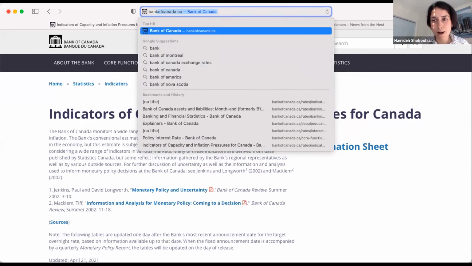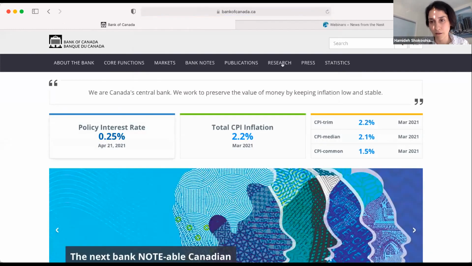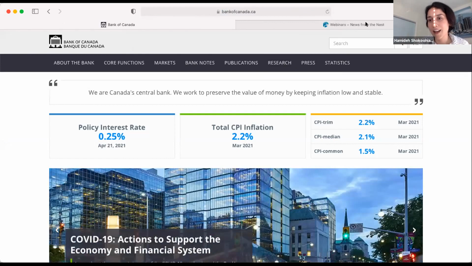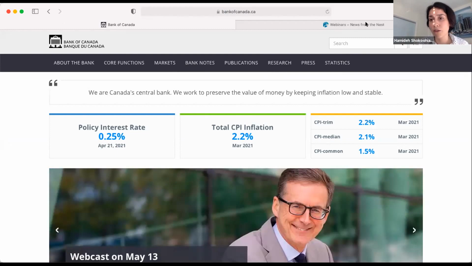Just for the sake of this presentation, I'm going to show what the students see and what they are supposed to do. They open the website of the Bank of Canada. It could be the Fed's website, or any other website that fits that session or concept.